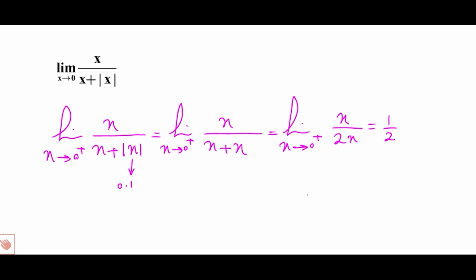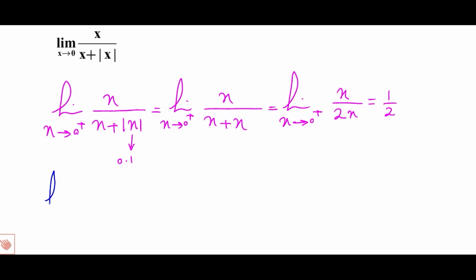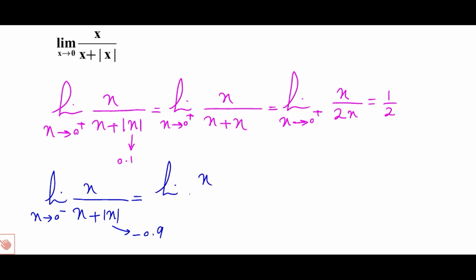Okay, now the left-hand limit, the limit of x over (x plus the absolute value of x) as x approaches 0 from the left. 0 from the left means, for example, -0.9, which is negative. So we have the limit of x over (x minus x) as x approaches 0 from the left.